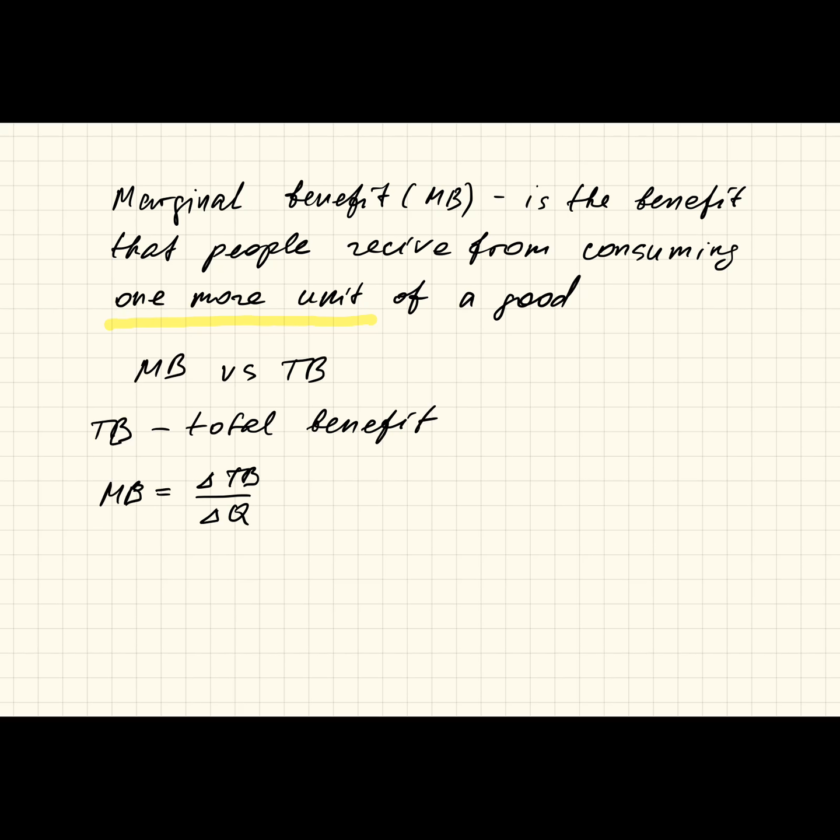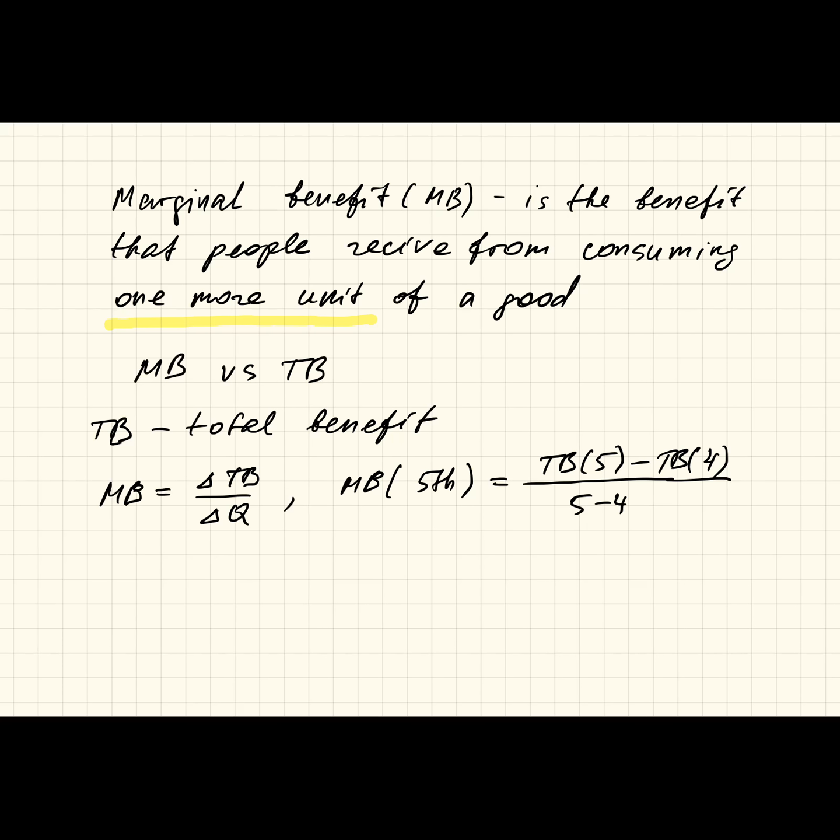So for example, marginal benefit of adding, let's say, the fifth unit is equal to the change between having total benefit when you're consuming 5 units minus total benefit you have when consuming 4 units, divided by 5 minus 4, which is just 1.